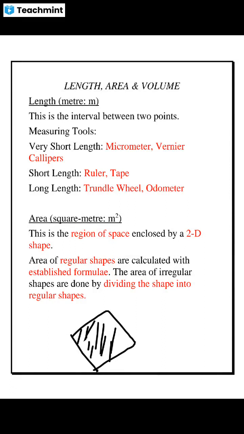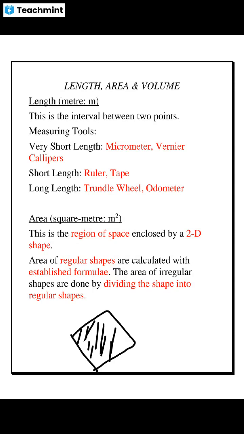We have area of a regular shape. We already have different formulae for areas of different shapes. But to measure an irregular shape, we need to keep on dividing it until we are able to divide it into different regular shapes.